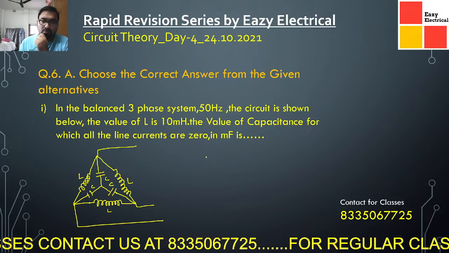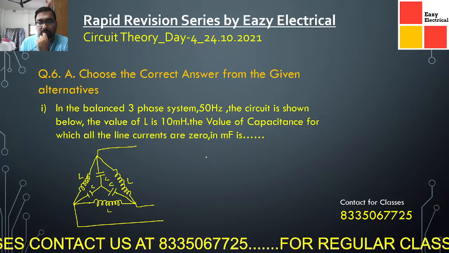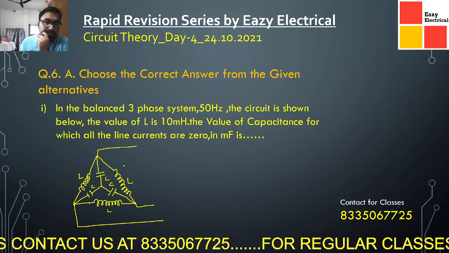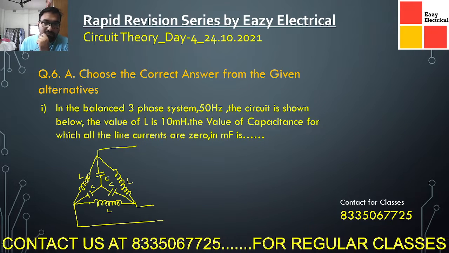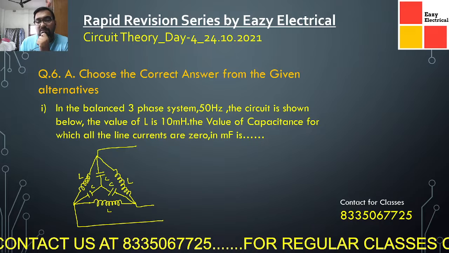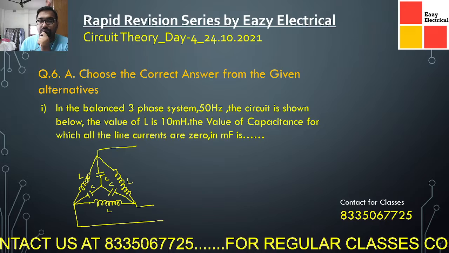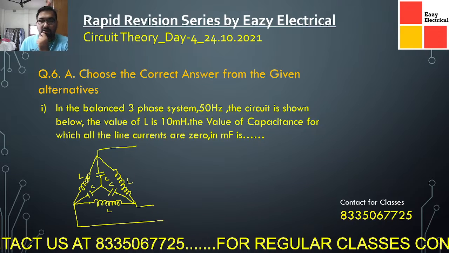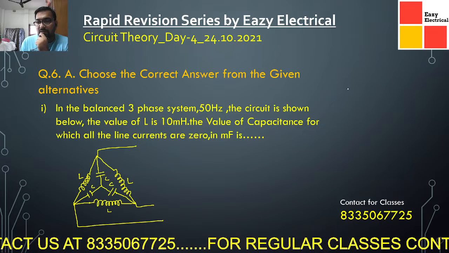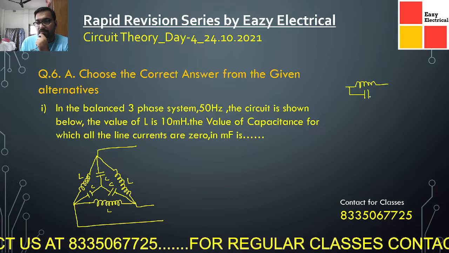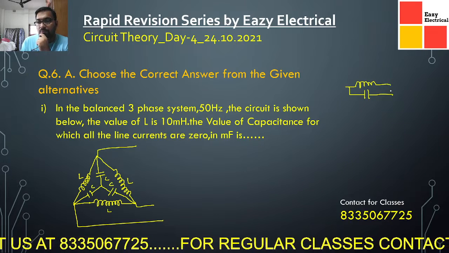So see here, one thing you must keep in mind: whenever we are connecting this capacitor in this way, just convert these capacitors into their respective delta connection. If you connect this, the respective delta will look something like this, one arm.